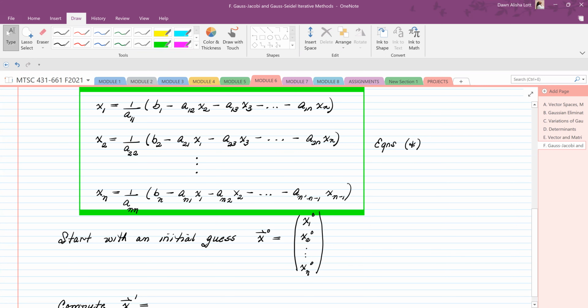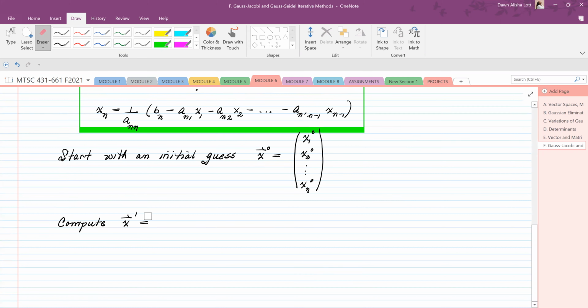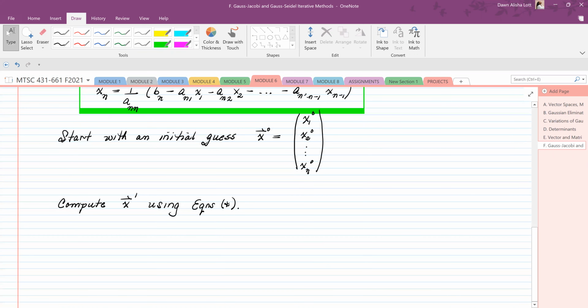Okay. So we're going to compute an x1 iterate, which is going to be found using equations star. And when we do that, that will give us x1, which would be x1,1, x1,2, all the way down to x1,n.